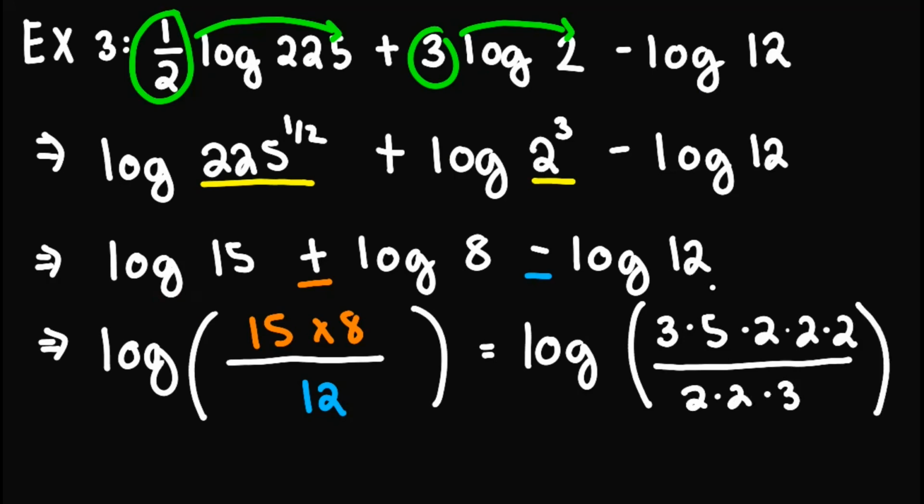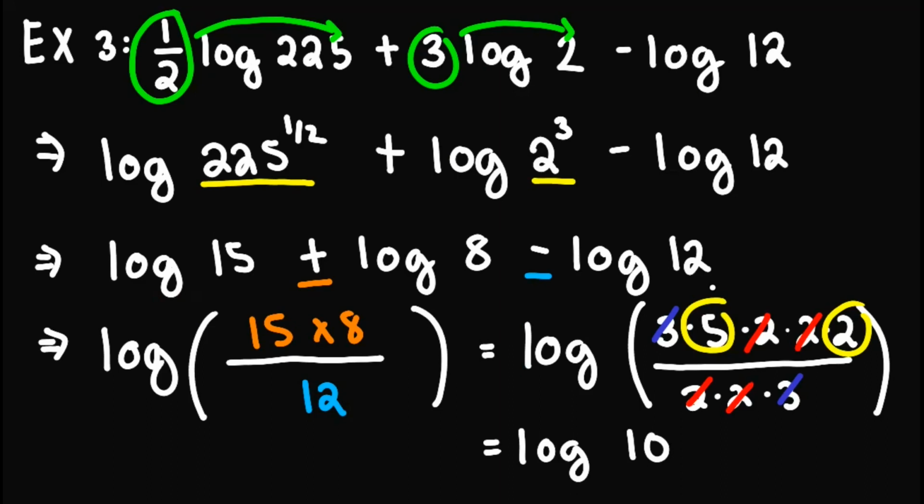And now let's cancel out the similar factors. So we cancel out the 3 out here. We then cancel out the 2's out here. So we are left with 5 and 2. So this is simply the logarithm of 10.